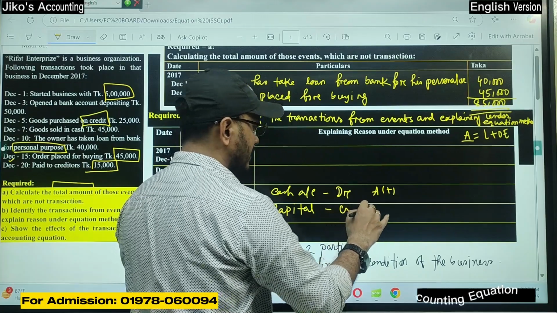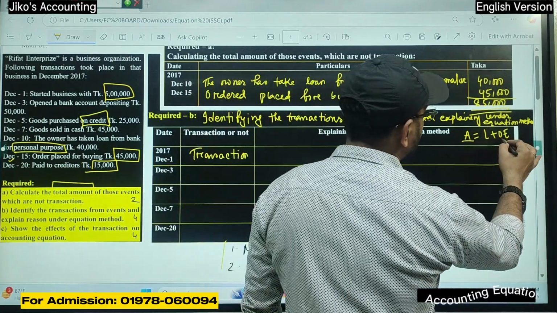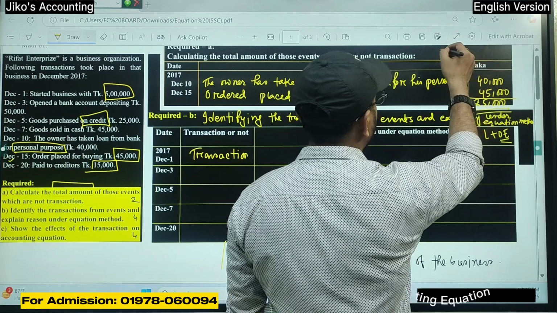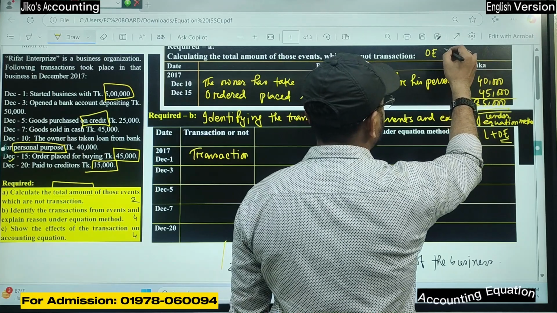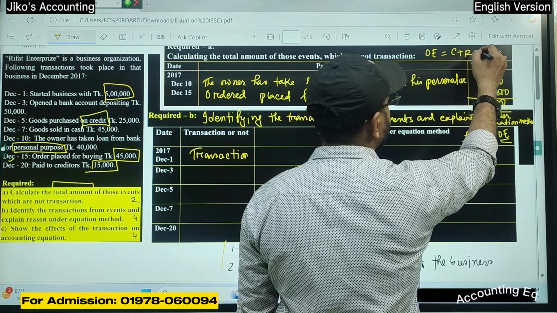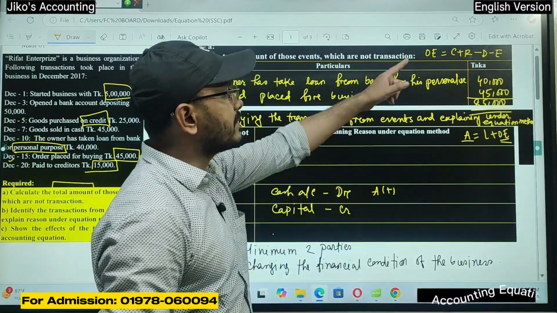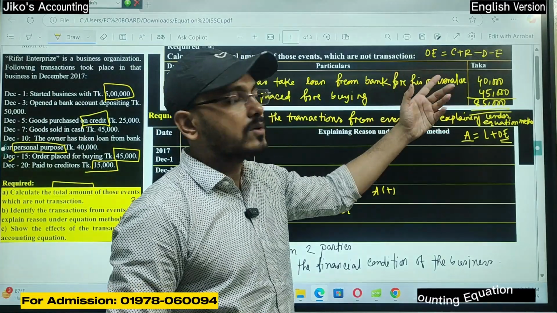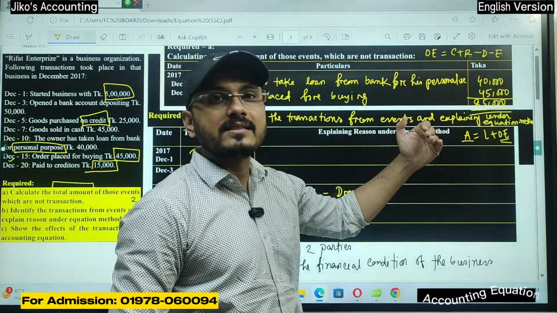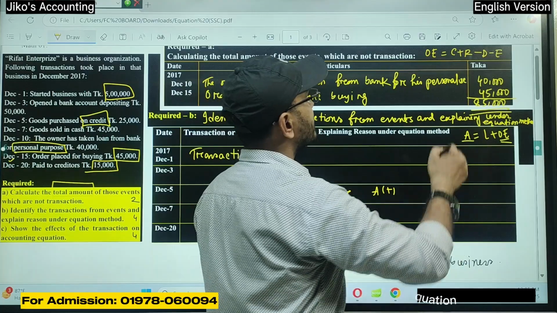Now you need to get this one. Capital is an element of equity. How can you do it? Equity means capital plus revenue minus drawing minus expenses. C means capital, R means revenue, D means drawing, E means expenses.